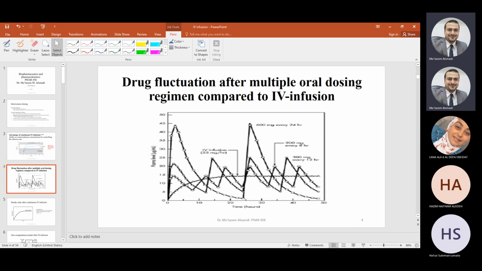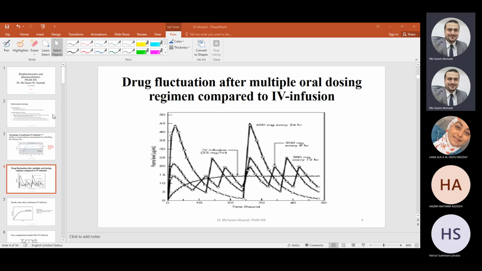You have multiple IV bolus dosing where you have fluctuations. Okay, so what's the purpose of giving multiple dosing? Why don't you only give one IV bolus dose and stop? What happens if I give a loading IV bolus dose? The concentration will decay.